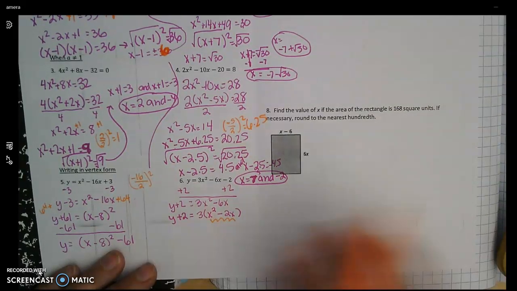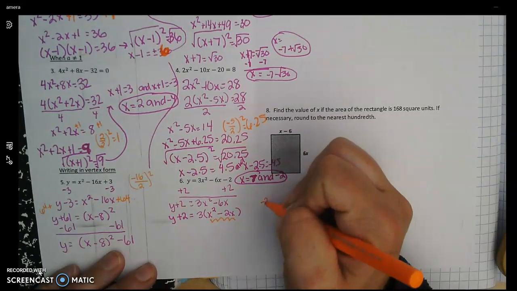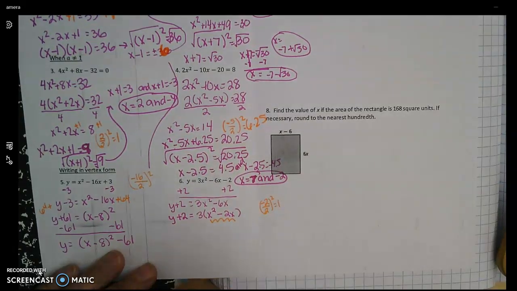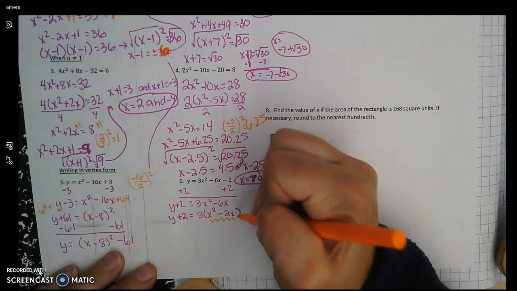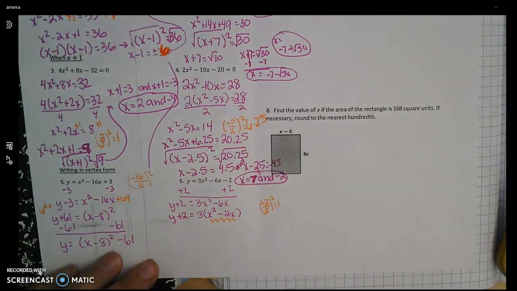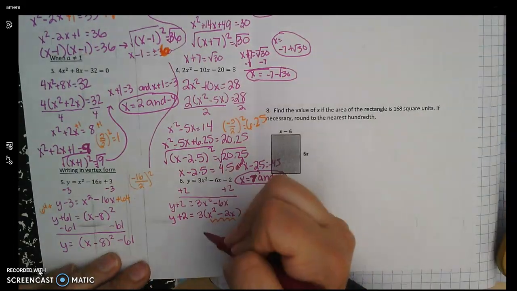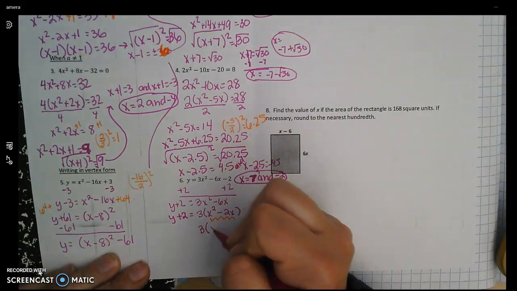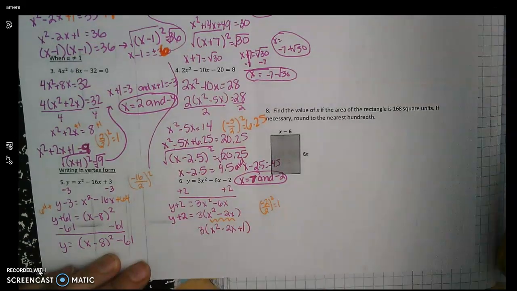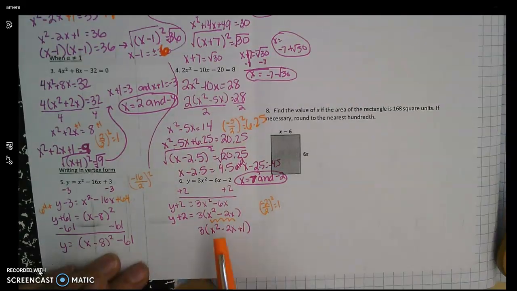Now in order to do that, I'm going to do exactly what I did up here. I'm going to do b divided by 2 squared. So in this case, it's going to be negative 2 divided by 2 squared, which equals 1. So that means that I'm going to have to add 1 to this part of the problem. Now, when I add 1, I want you to look at this. What I'm actually adding is not 1 to the equation.